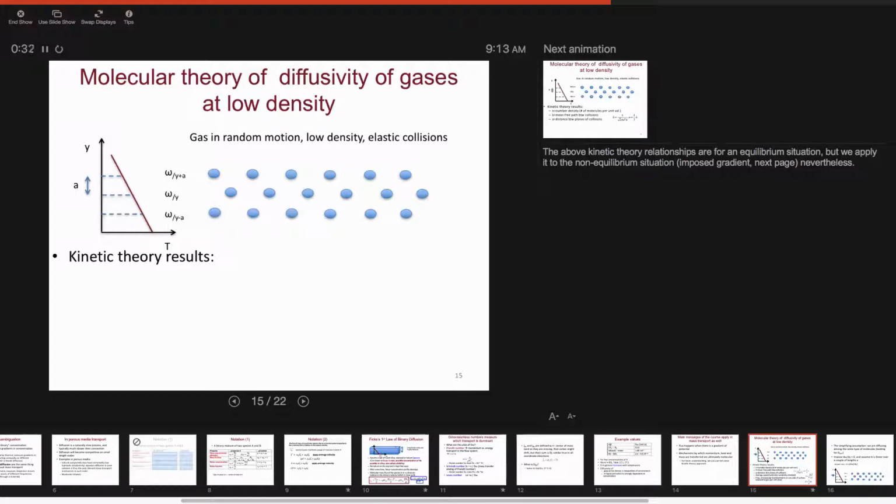So my kinetic theory, again, assumes that I have a low density gas. These molecules don't have a lot of interactions, and when they do, those are elastic collisions, so I'm not losing any energy there. So my momentum exchange is complete without energy losses.